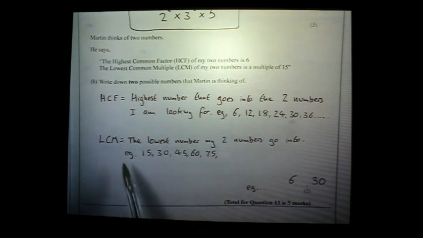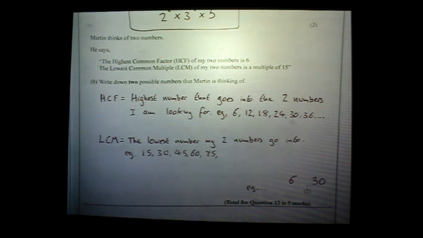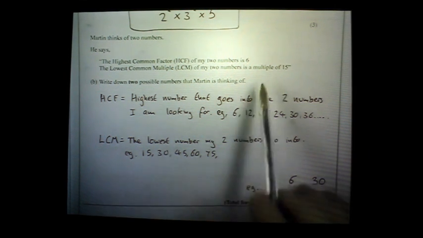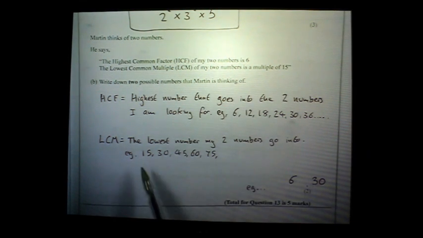The lowest common multiple is the lowest number my two numbers go into. So if it was 12 and 18, what's the lowest number they would go into? Well, it'd be 36. But anyway, the lowest number they go into is a multiple of 15. So it's either that one, that one, that one, that one, or that one. There's a few answers to this.